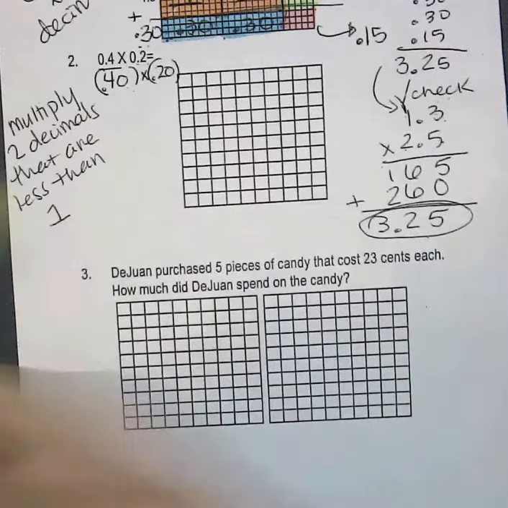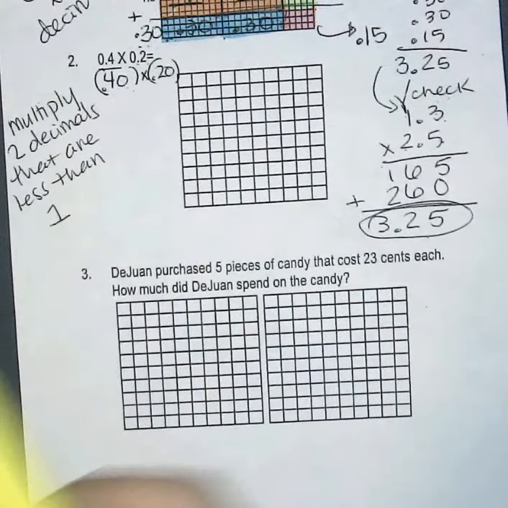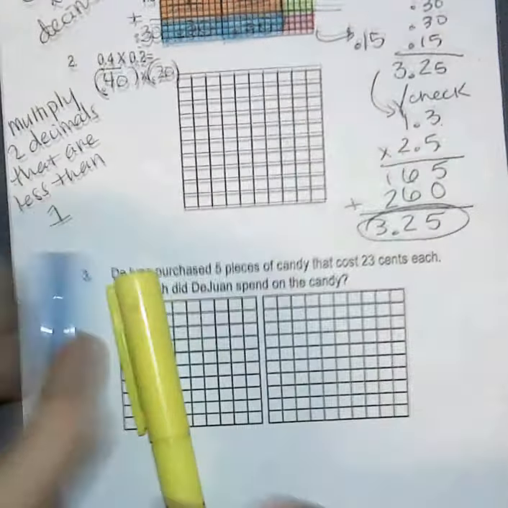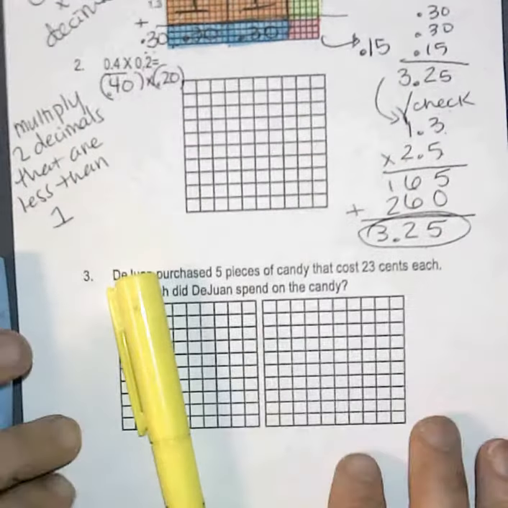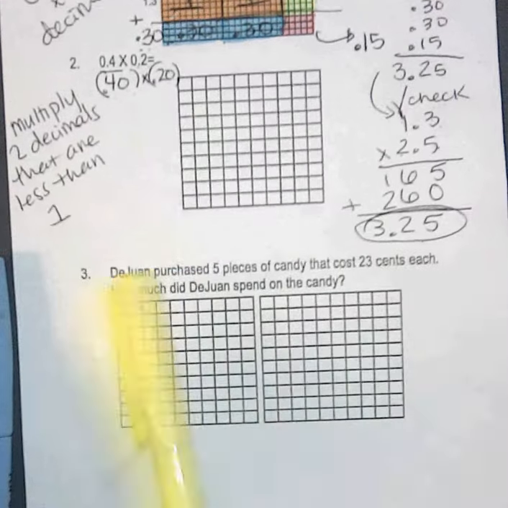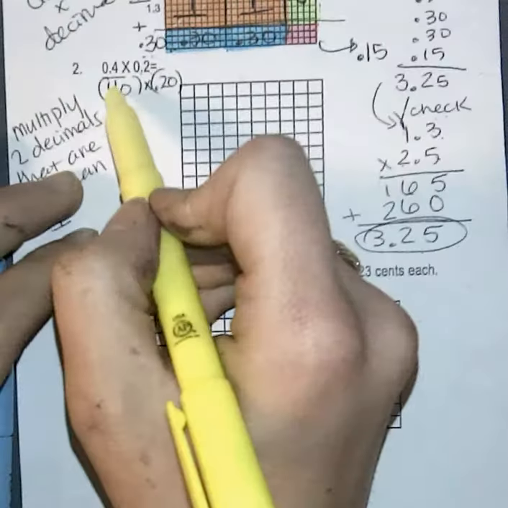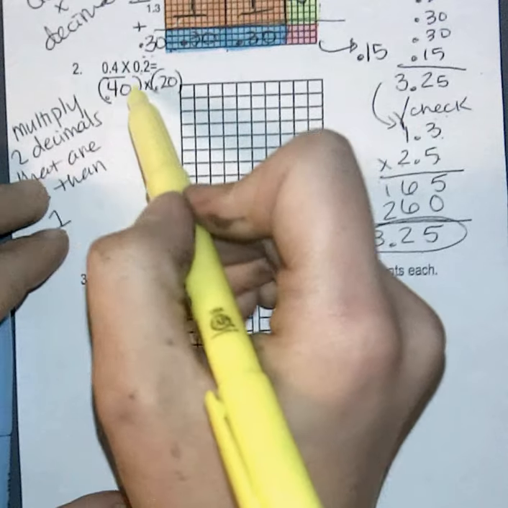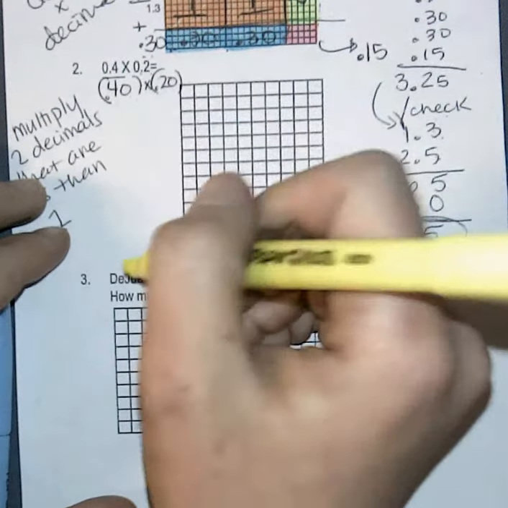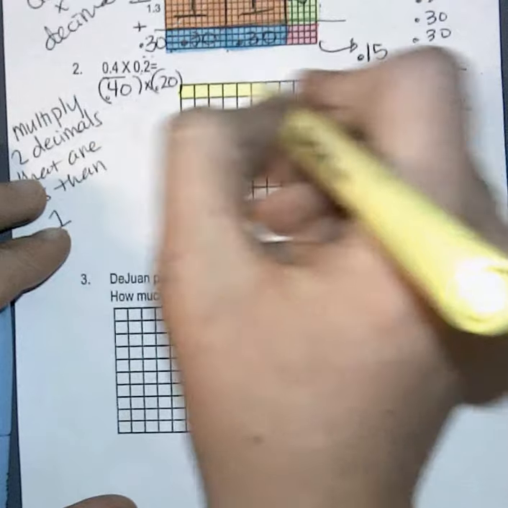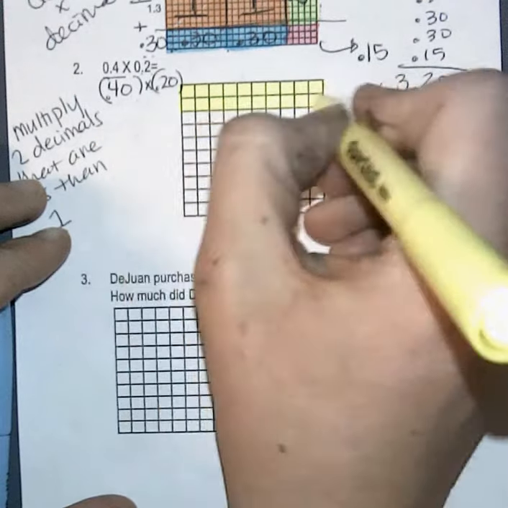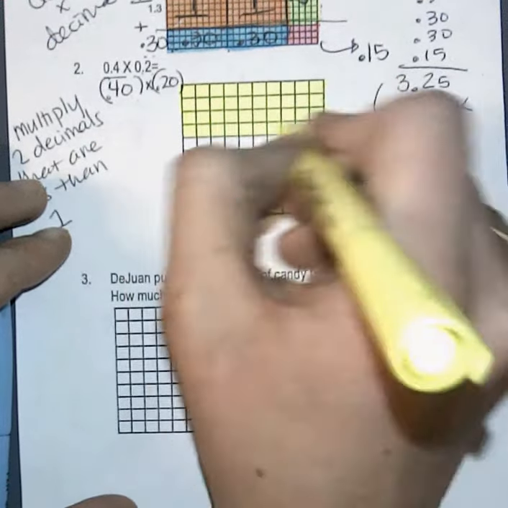Now I'm going to use yellow and blue on this because I want you to notice something that's going to happen where things are going to change colors. So I'm going to go find and block out 0.40, 40 blocks. Let's do that. I'm going to count down 1, 2, 3, 4.